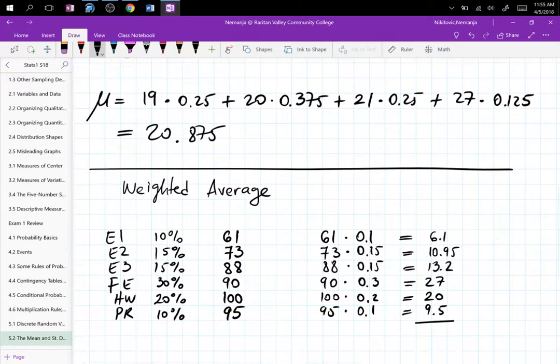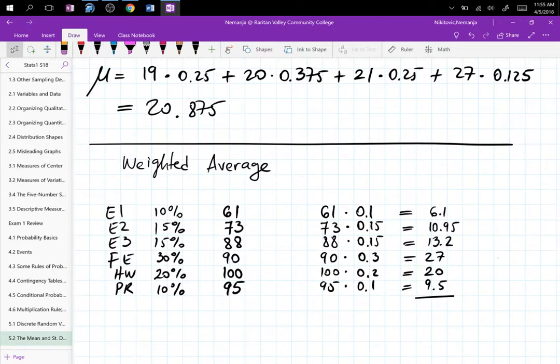And now you add all of these for a total grade. So that's 17.05 plus 40.2 plus 29. Get 86.75. So that's 87 rounded, and it's a B plus.